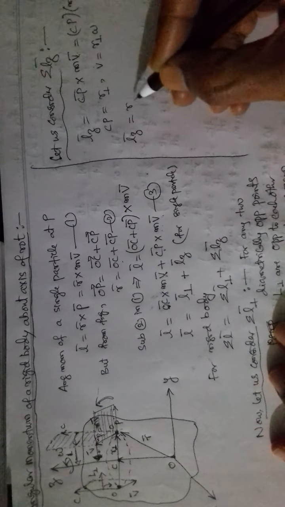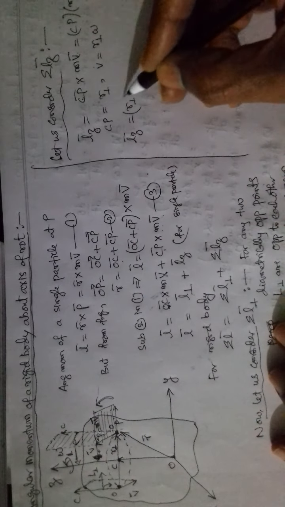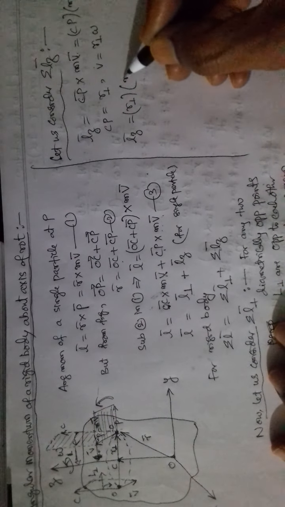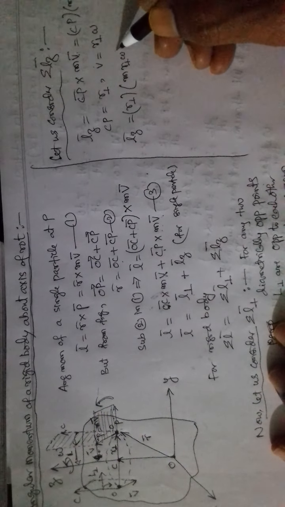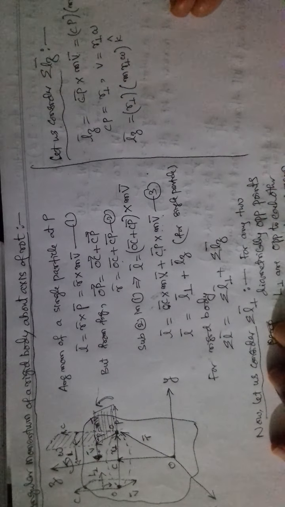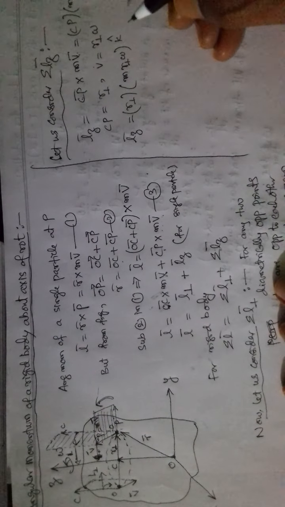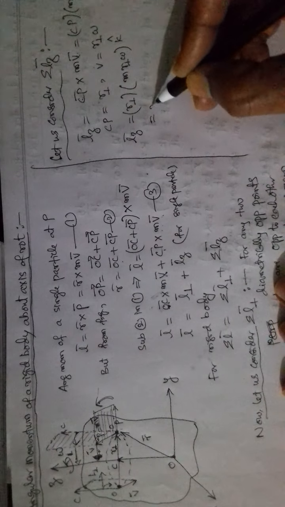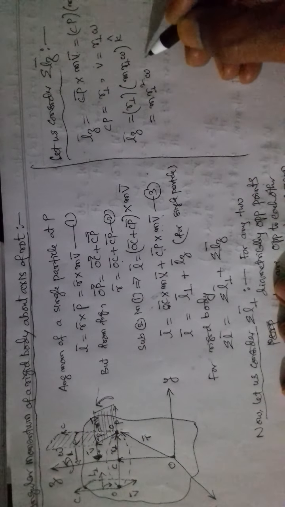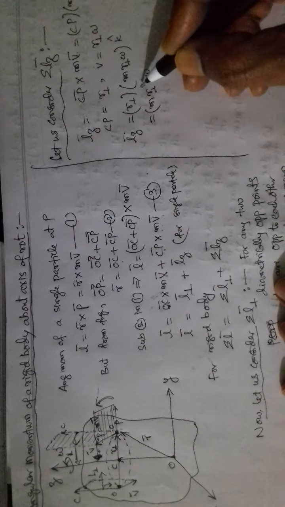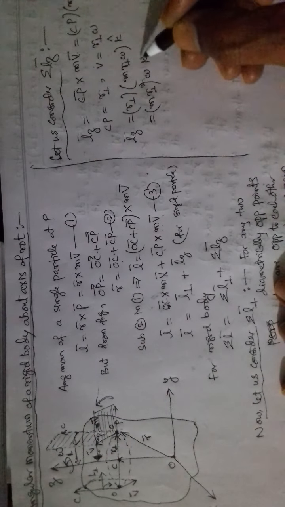Substituting these values, Lz is equal to r perpendicular, m, r omega, k. This is equal to m r square omega k.